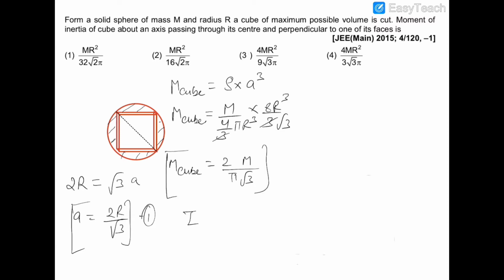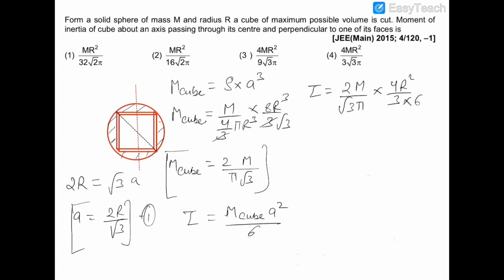Now the moment of inertia of the cube about an axis which is passing through the center of the cube and is perpendicular to two opposite faces is m a square by 6. So I would be equal to m is 2m by root 3 pi and a square would be 4 r square by 3, divided by 6.